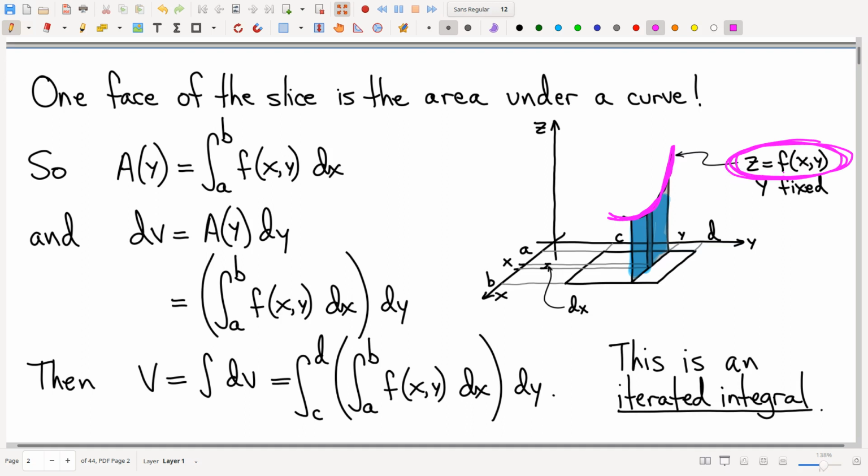Notice, though, for the purposes of trying to compute that area, I have to be clear about which area I'm interested in. There's a bunch of different cross sections. Which one am I interested in computing the area of? Said differently, I have to choose y. Said differently, y has to stay put while I'm computing the area for that particular value of y. Said differently, while I'm computing this integral, y is a constant.